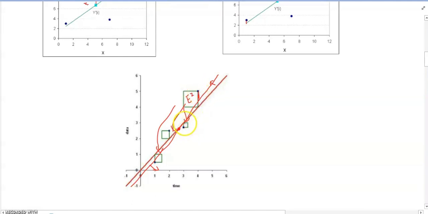This error here looks like it gets a little smaller, but this error here actually has increased. And this error, well, it looks like it may have gotten a little bit less. But the line moves in such a way that these squares change shape, right? They change in such a way that it's the smallest possible area for these squares. Right, so that's the technical aspect of what's going on behind the scenes.